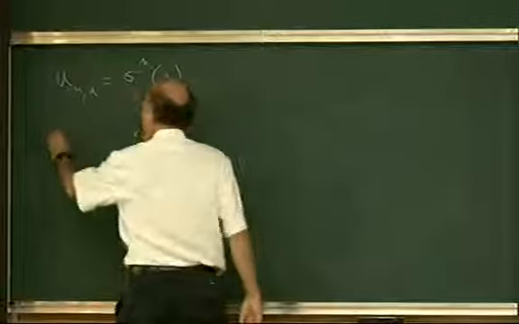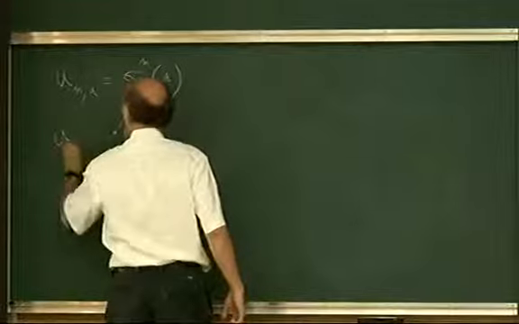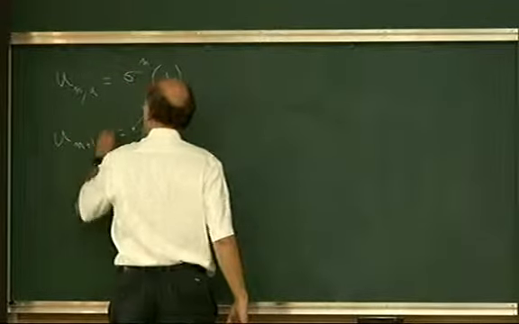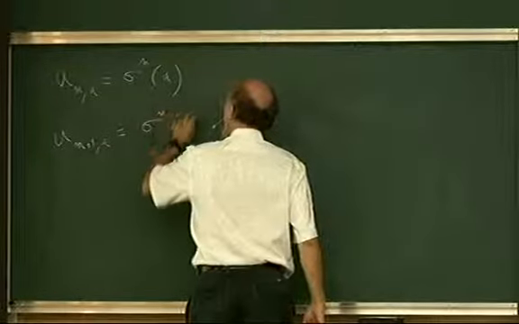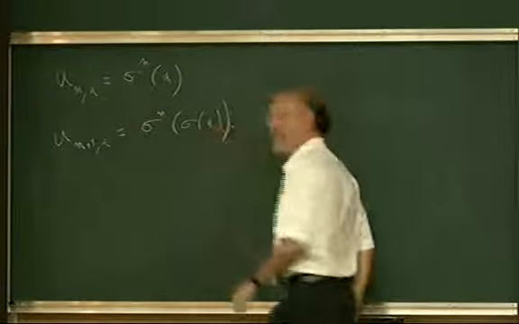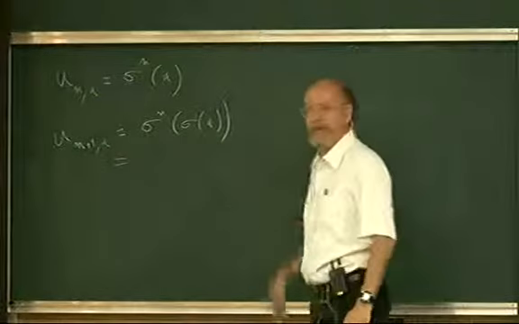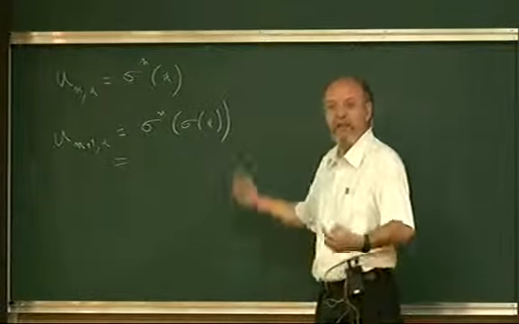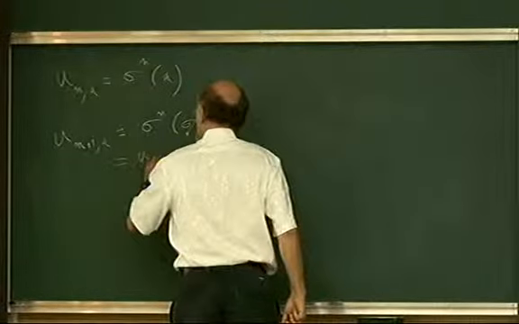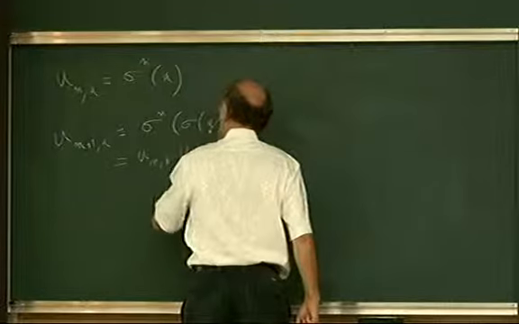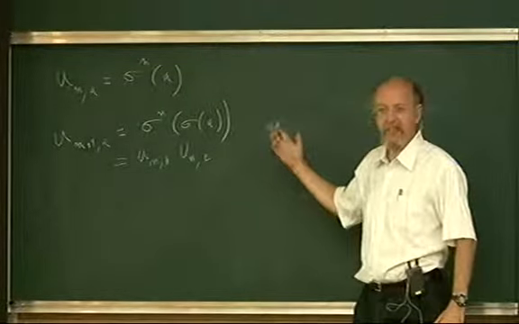And now you can write the equation that U_{n+1}(A) is sigma^n of sigma of A. So now you apply sigma^n to sigma of A, which is maybe BC, and you get U_n(B), U_n(C). So this is a first set equation.